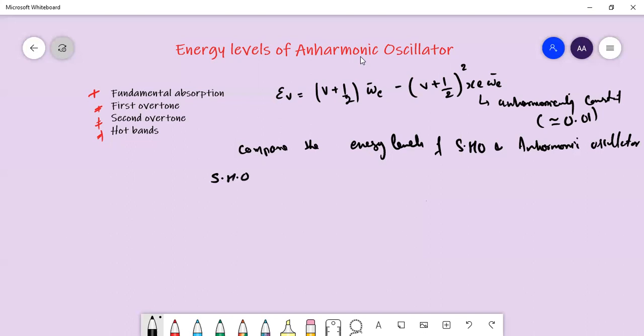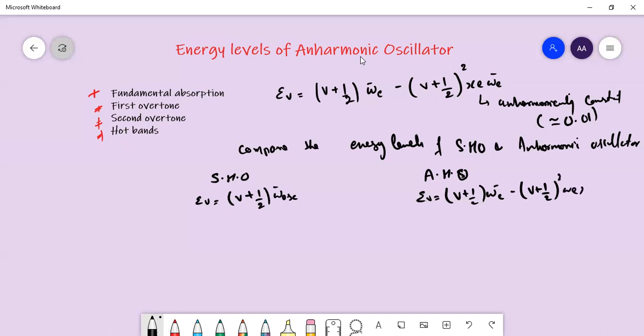For a simple harmonic oscillator, we have the equation E_v = (v + 1/2) ω bar. For the anharmonic oscillator, we have the equation above, that is (v + 1/2) ω_e bar − (v + 1/2)² ω_e x_e bar.